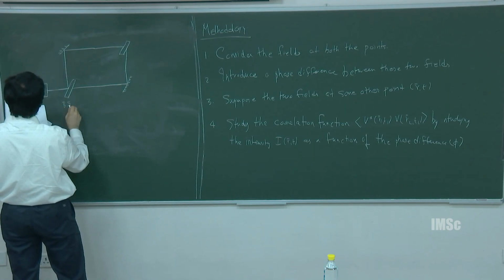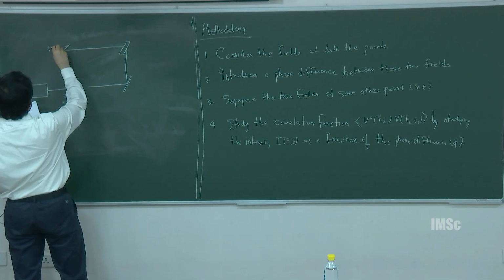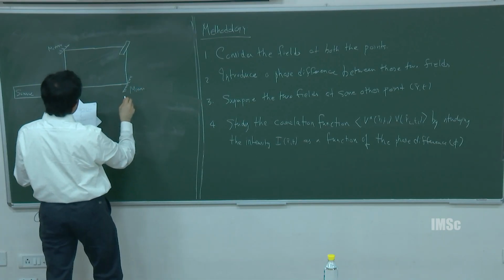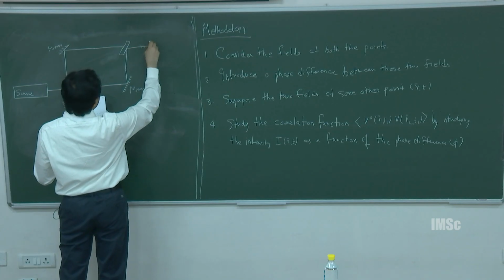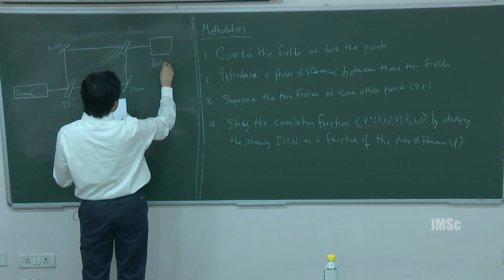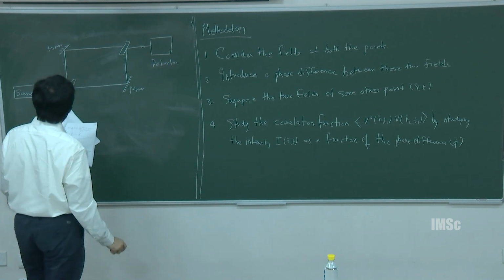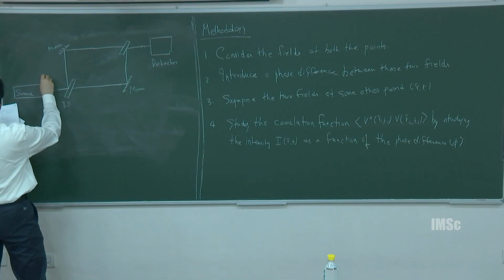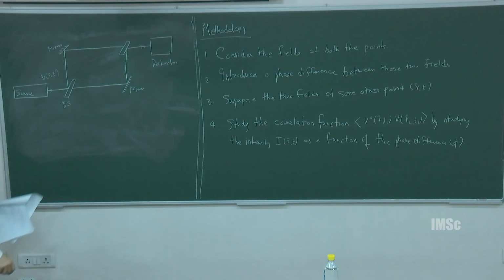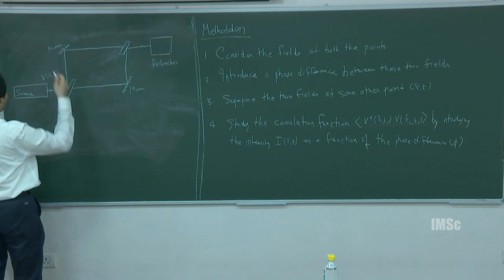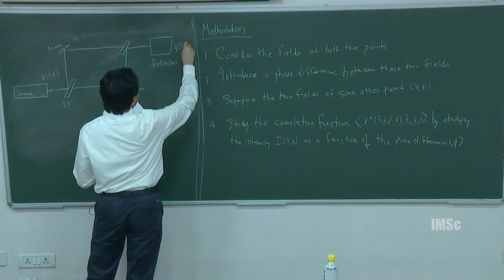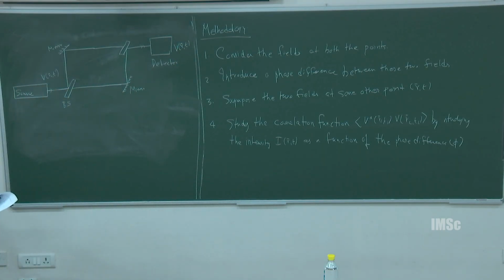So this is a beam splitter, this one is a mirror. This is a detector. Let us say this is the field from the source at some point r naught and time t prime. We basically want to measure the field at the detector at the space-time point rt.